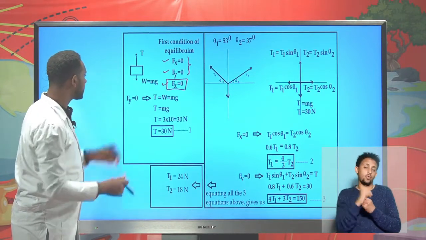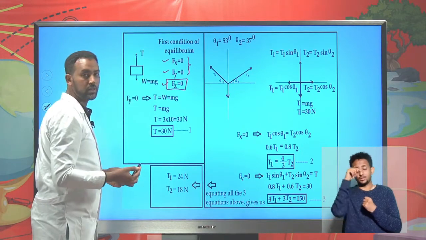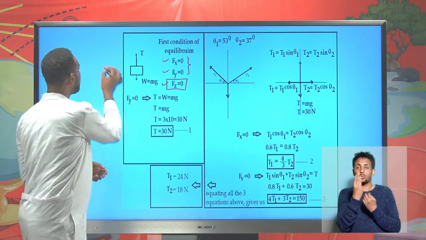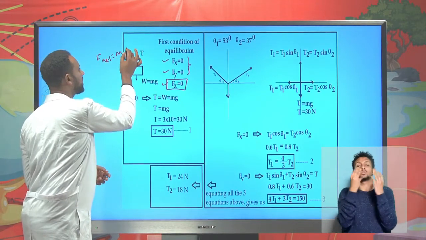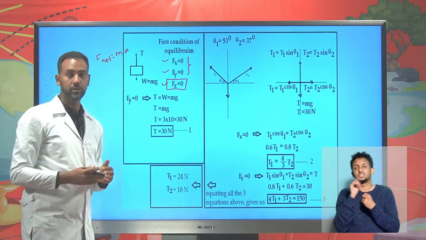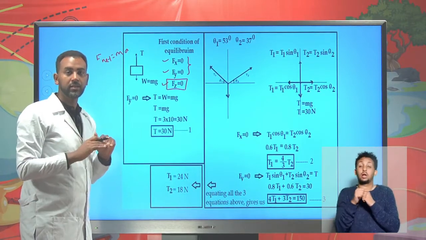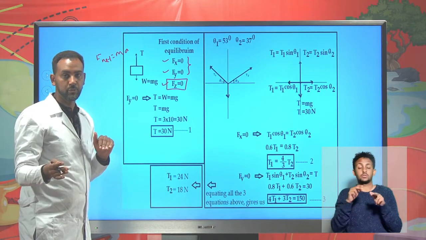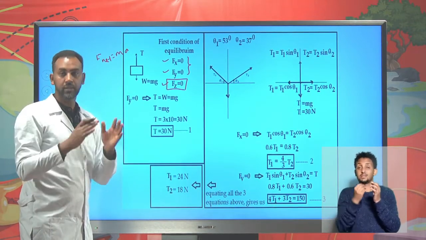The net force acting here is an upward force, the tension, and a downward force, the weight. In your dynamics concept, you have learned that the net force equals mass times acceleration. But here, we don't have acceleration. Either the object is at rest or in a state of uniform motion. In this case, we are dealing with a mass-string system, and it is at rest.